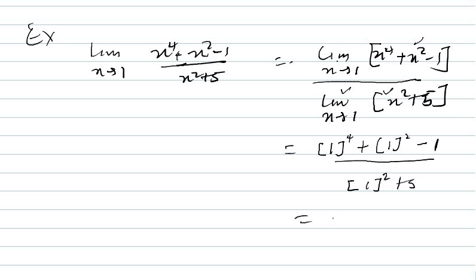So we have 1 plus 1 minus 1, which is 1, all over 1 plus 5, which is equal to 1 over 6. So the limit as x approaches 1 of x to the power 4 plus x squared minus 1 all over x squared plus 5 is equal to 1 over 6.